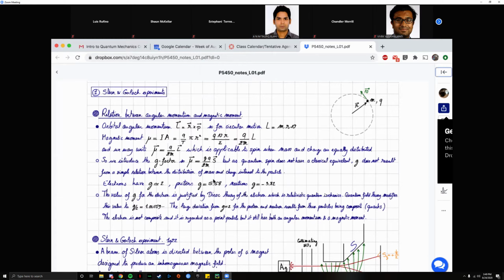So we end up with a different value in the case of the neutron, but just to say that there is a lot behind this factor when describing particles.